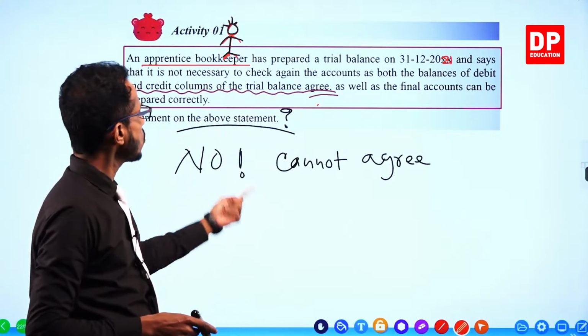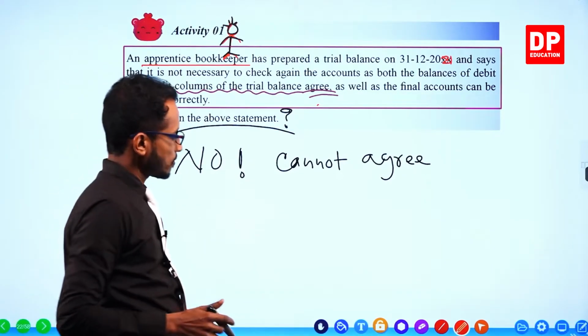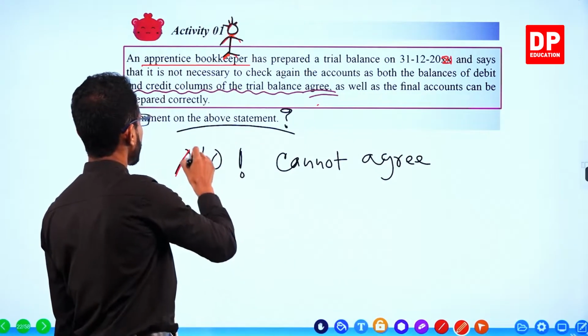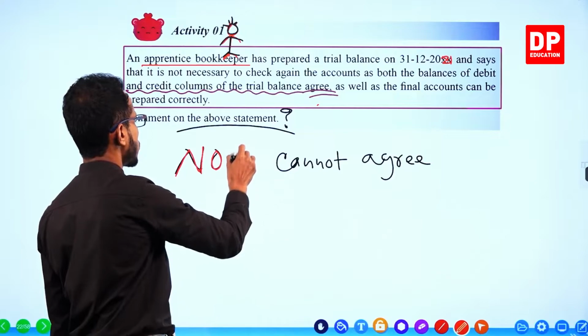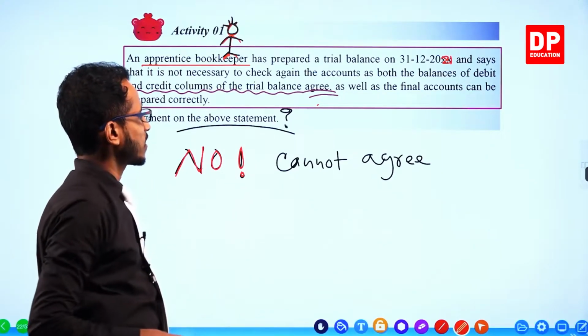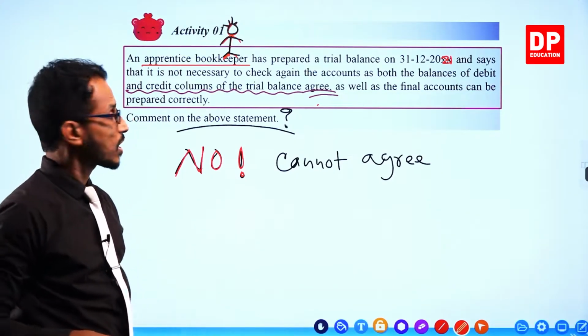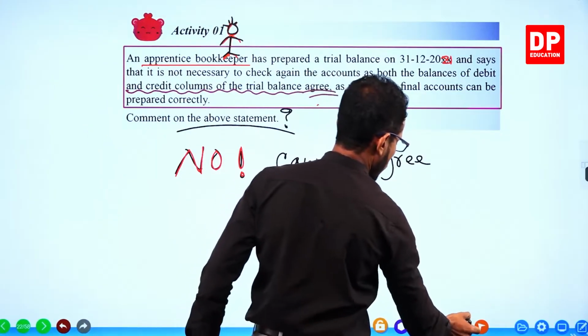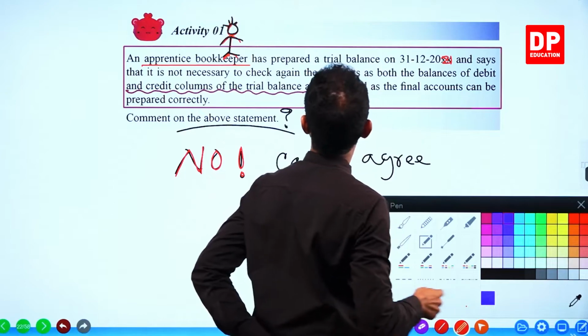We say no. Comment on the above statement. You have to comment. Cannot agree, and we have to comment. How can we comment?